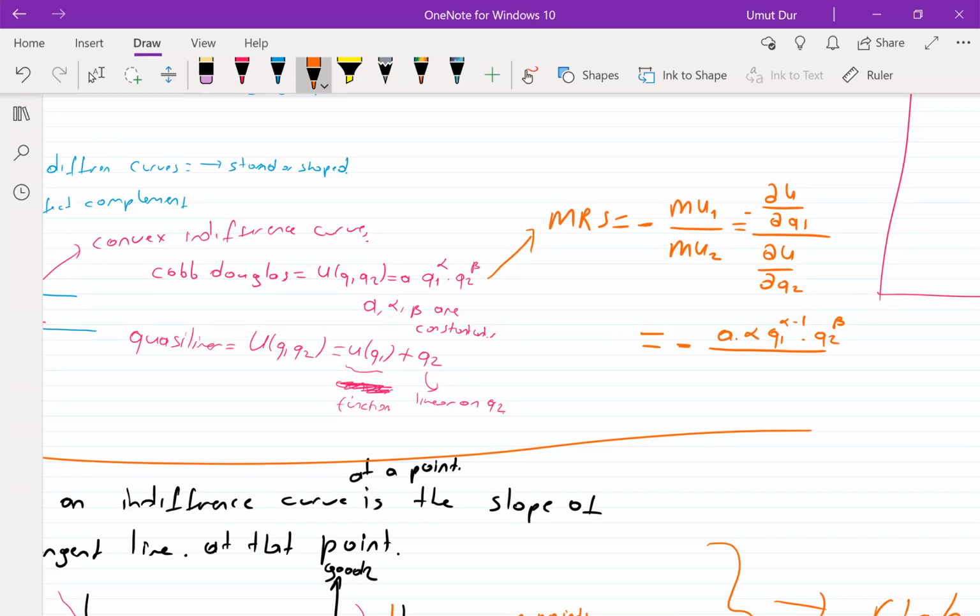And if I work on the denominator, A will be constant here, and it is B times Q1 to the alpha times Q2 to the beta minus 1.